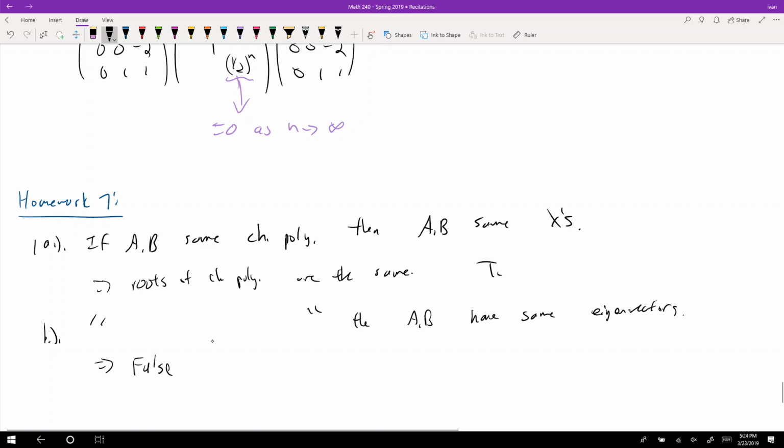Exactly. Usually with a lot of these counterexamples, try to think of a diagonal matrix and then the corresponding Jordan block. That's one way to find counterexamples. The other way is to think about matrices with a lot of zeros in them.